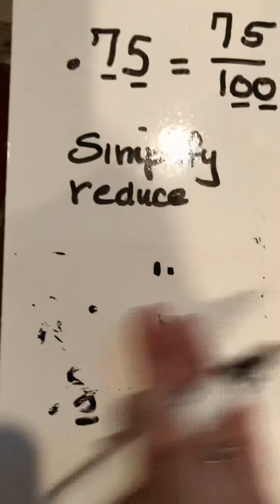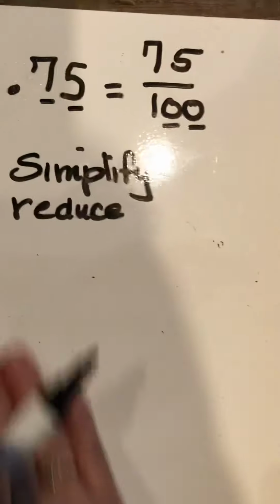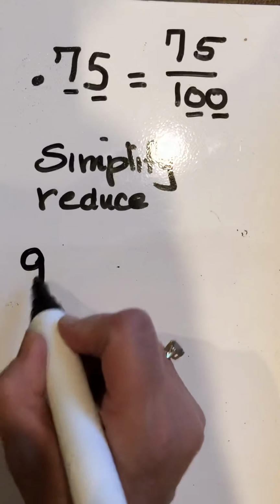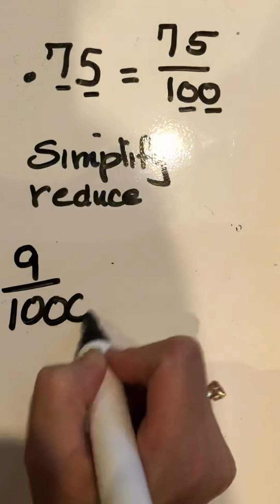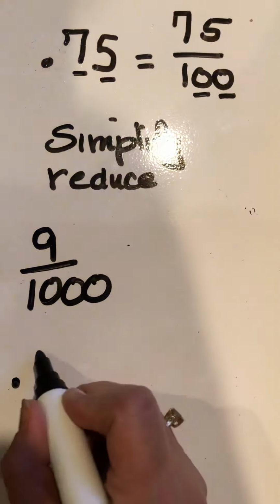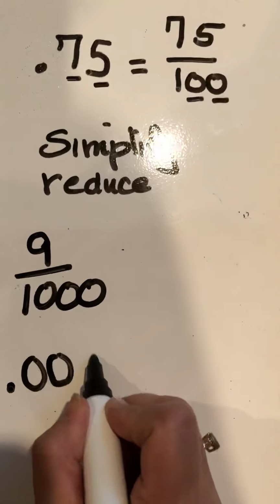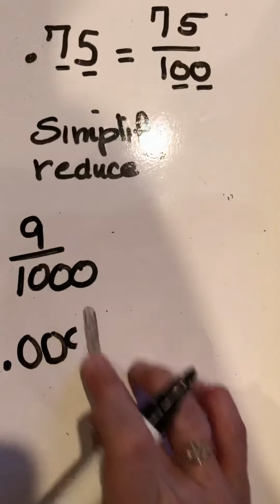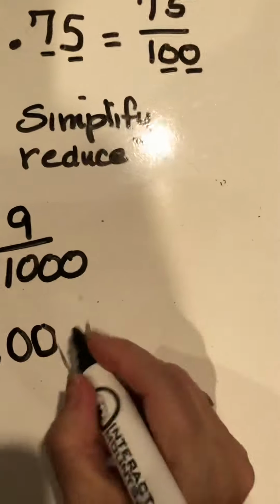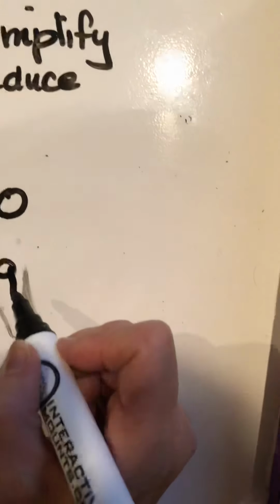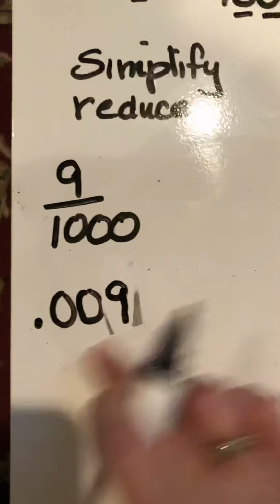So let's look at how that looks. Let's erase this one. And that looks like 9 out of 1,000 was shaded in, or we call that 0.009.